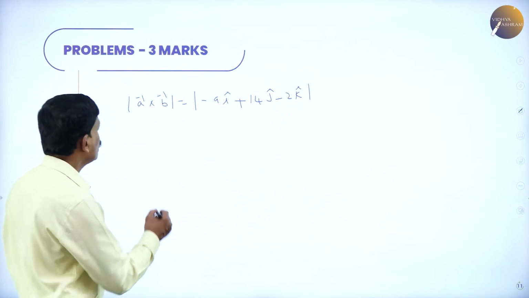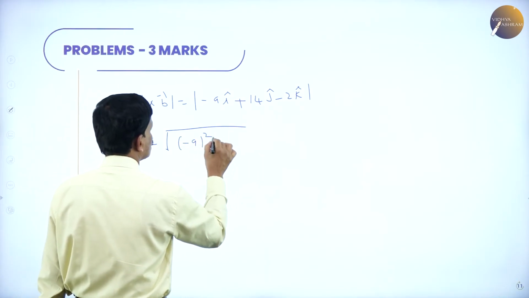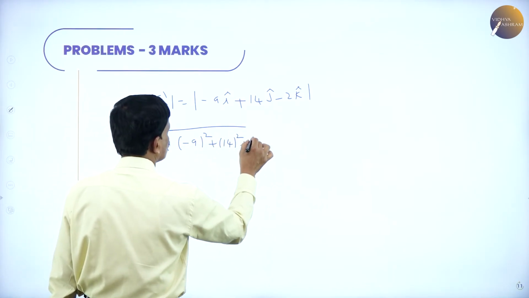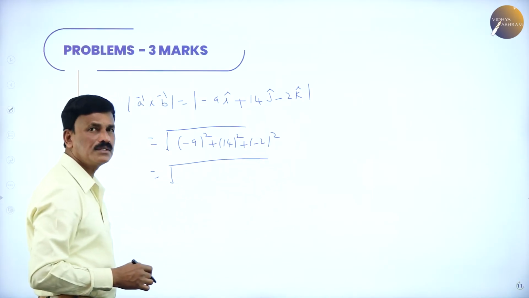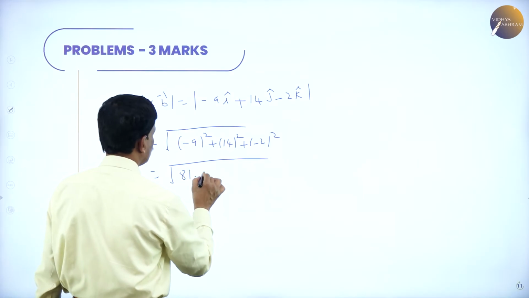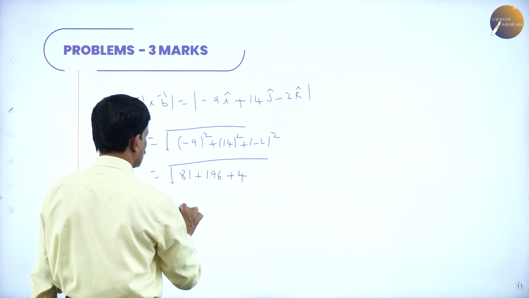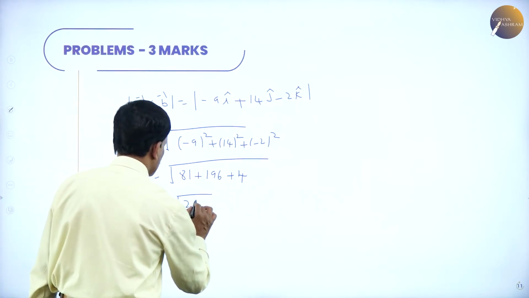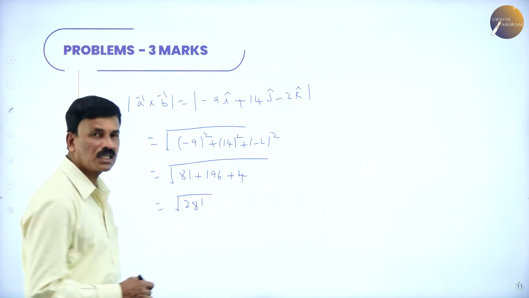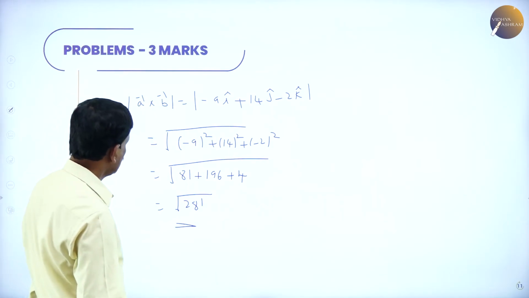Okay, this can be written as root of minus 9 square plus 14 square plus minus 2 square. Now 9 9s are 81 plus 14 into 14 is 196 plus 2 2s are 4. So this is 196 plus 4 is 200 plus 81 is 281. So we cannot factorize this. So the required length of a cross b is root 281.